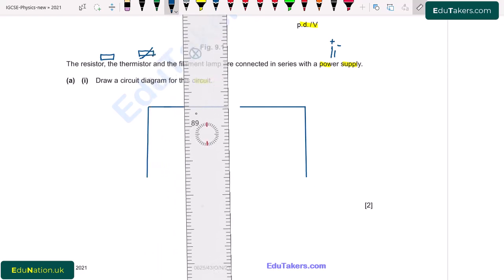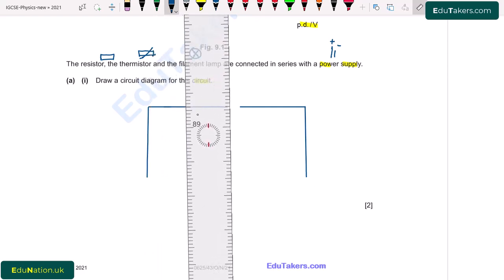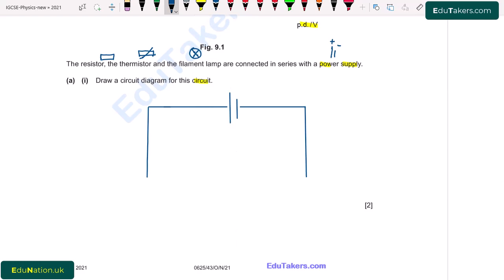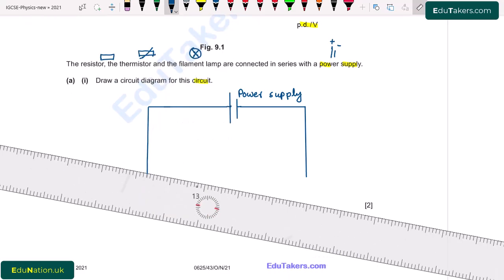Here we make the power supply that has one positive terminal and the other is negative. So it's a power supply. Now the resistor, thermistor and filament lamp, all three components are connected in series with the power supply. So we have to connect the resistor first of all.